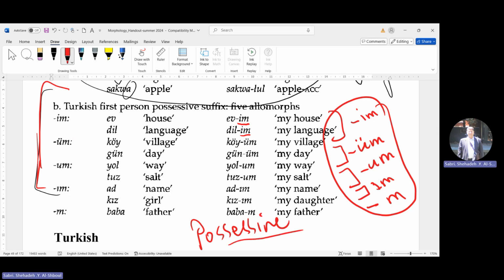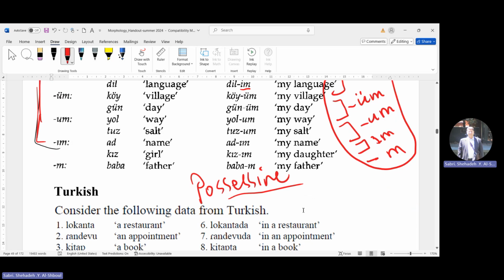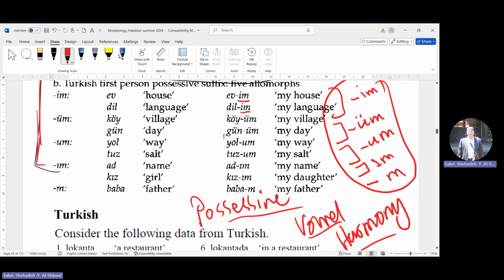Also, this language seems to be associated with a phenomenon called vowel harmony. So vowel harmony happens when the addition of a vowel, either in the initial position or final position, is triggered by the type of the vowel in the root or the stem itself.